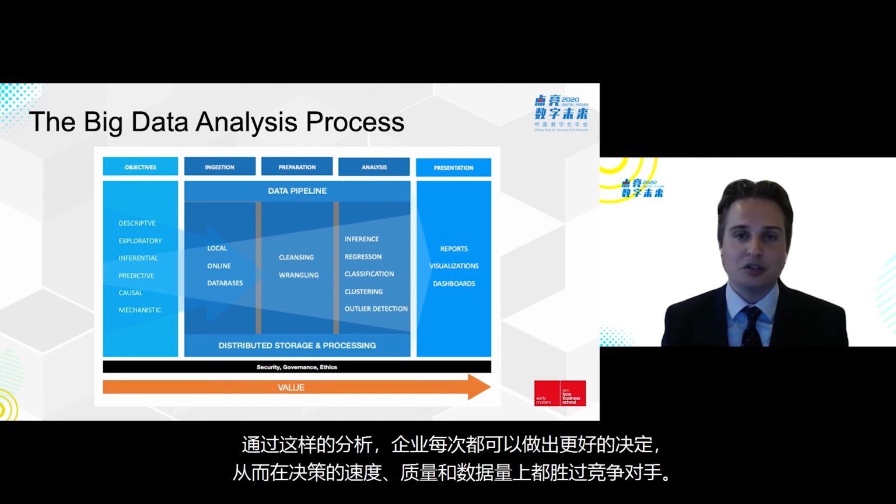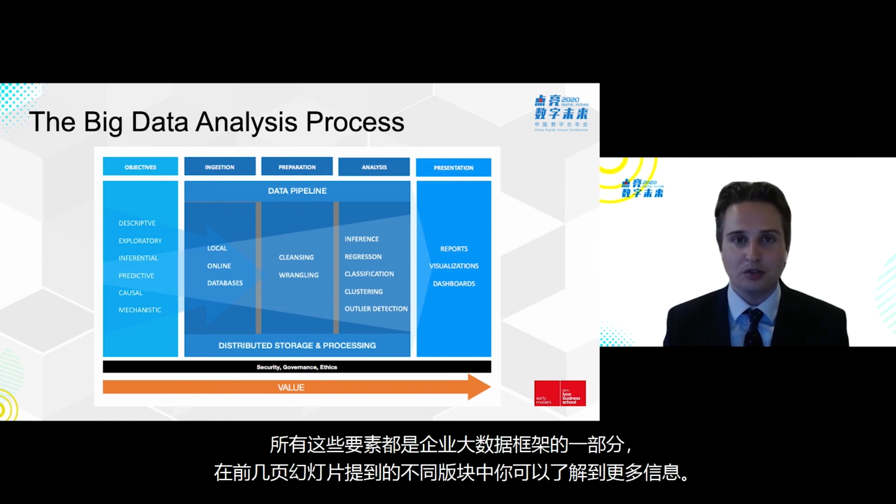By this analysis, they will be able to make better decisions every single time, and therefore have the ability to outperform their competitors in terms of the speediness with which they can make the decisions, the quality of decisions, and the amount of data that will be driving their decisions.